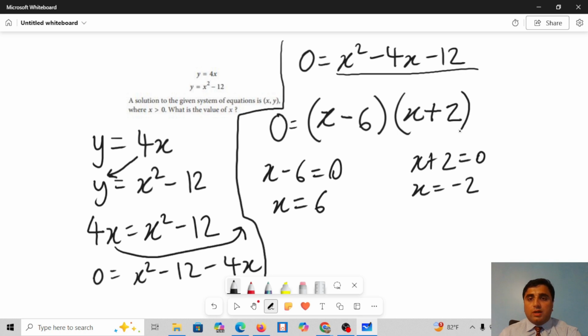Another shortcut to find the factors of this polynomial is to see that we have a negative 4 in the middle. First we write 6 and 2 because their difference gives 4. Then to decide the signs, positive 6 minus 2 equals positive 4, and negative 6 plus 2 equals negative 4.